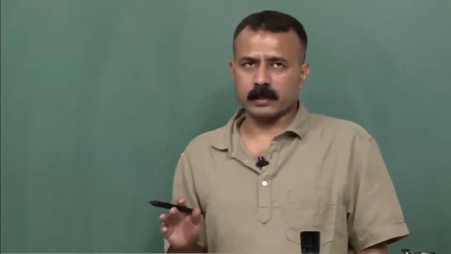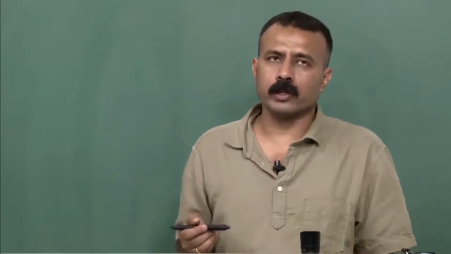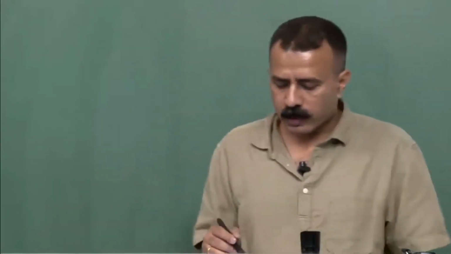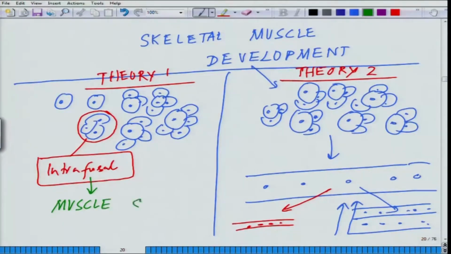The rest is immaterial at this stage, but just for your knowledge, I highlighted it in case you wonder how the sensor element originated. These sensor elements, which are called intrafusal fibers, are also termed muscle spindle, a term you will come across.